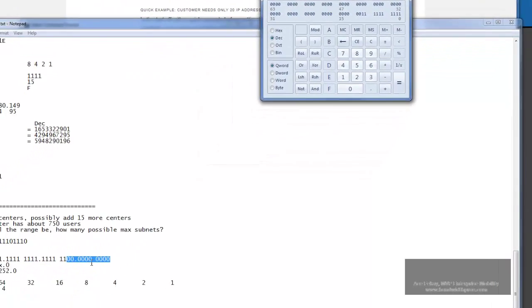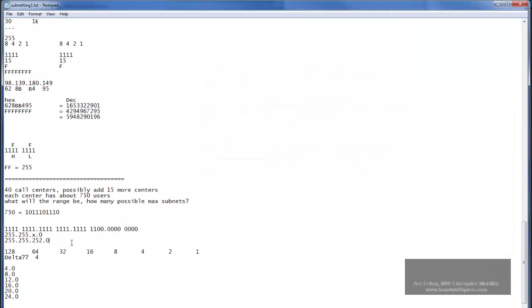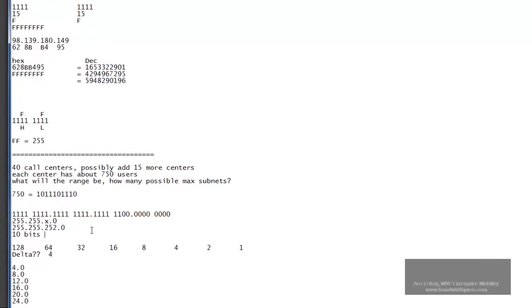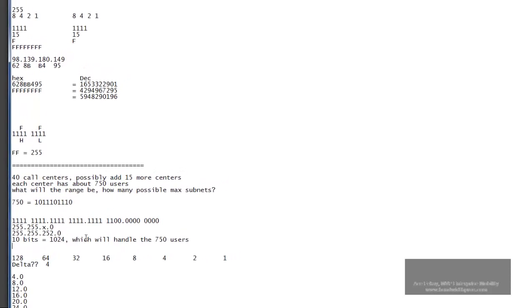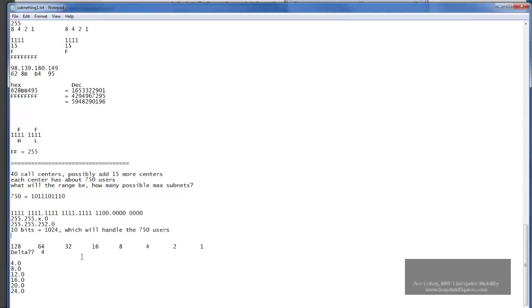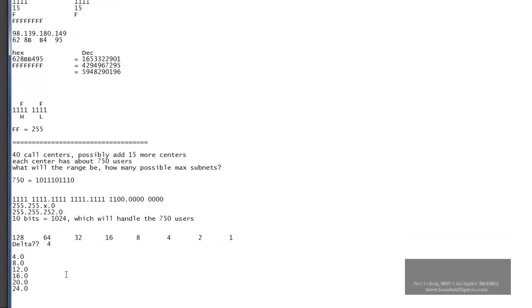Yeah, so 10 bits equals 1024, which will handle the 750 users. I forgot to mention that. It's a really important step, right? That's what the whole thing is geared on, taking care of these people, making sure each call center is fulfilled. We want 40 call centers, but anyway.